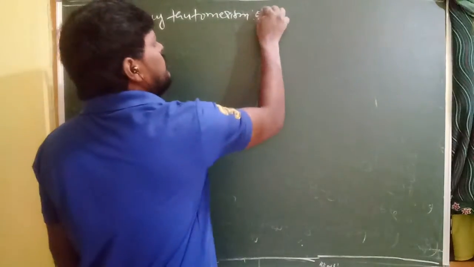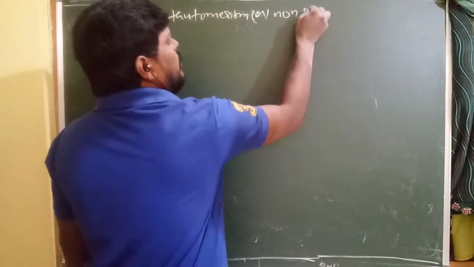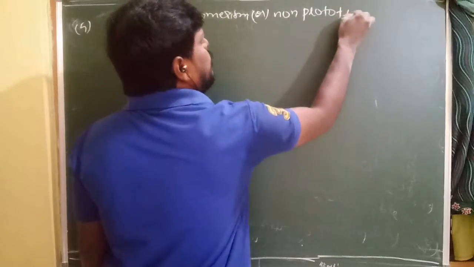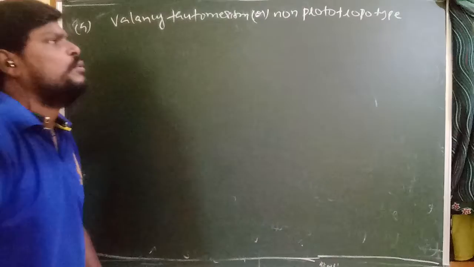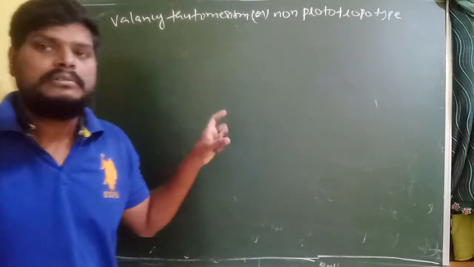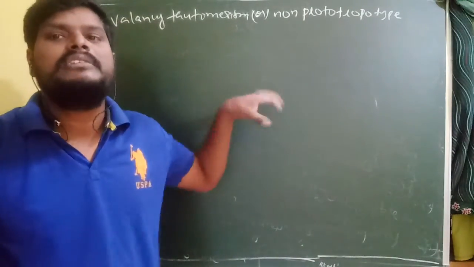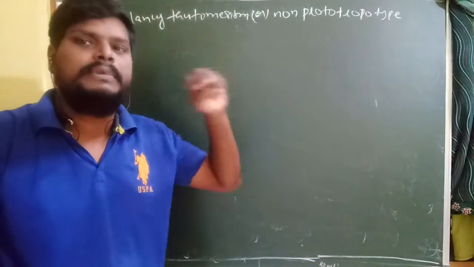Valency tautomerism is also called the non-prototropic type, because all the earlier examples are based on proton transfer.